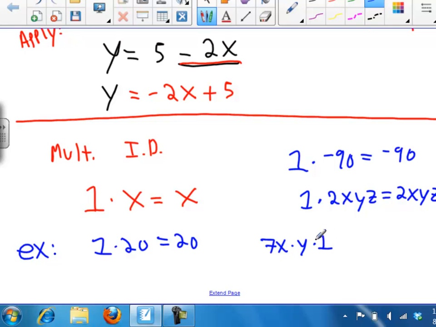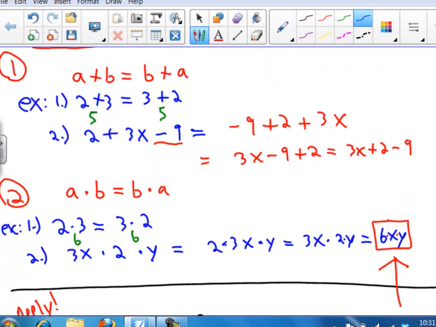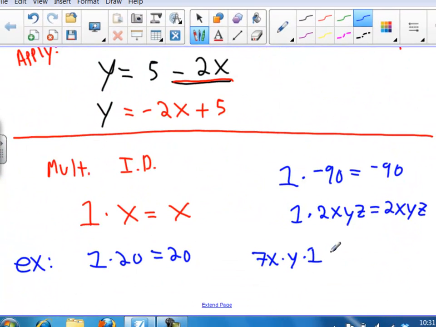And here we can understand that even though the 1 is coming towards the end, it doesn't matter because of our last rule right here, our commutative property. So it doesn't matter that the 1's at the end. It's still going to be 7xy, and we squish them together to show you that that's multiplication. Okay, so that's your multiplicative identity.